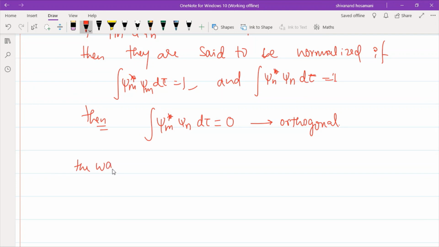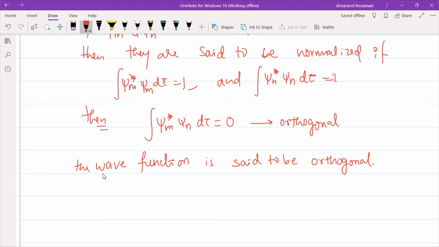So the wave functions are said to be orthogonal. Okay, so orthogonal means both the wave functions are perpendicular to each other.